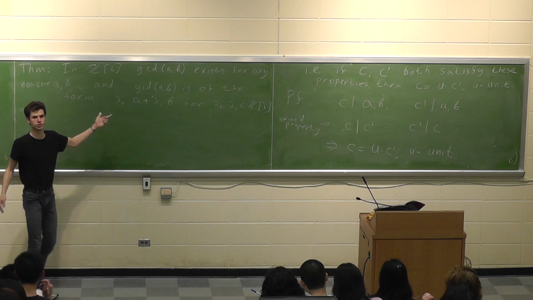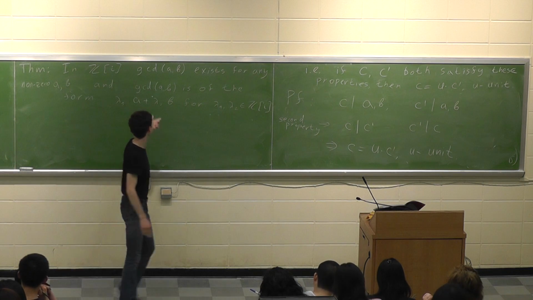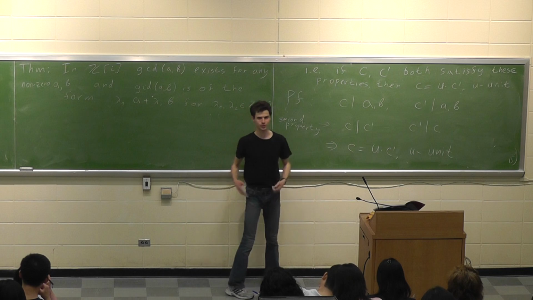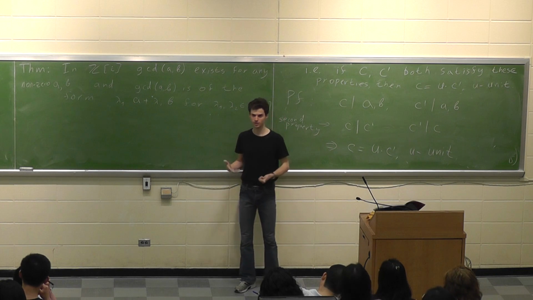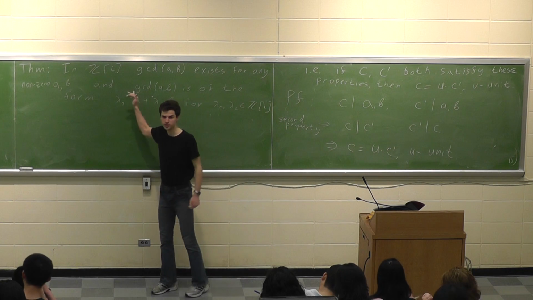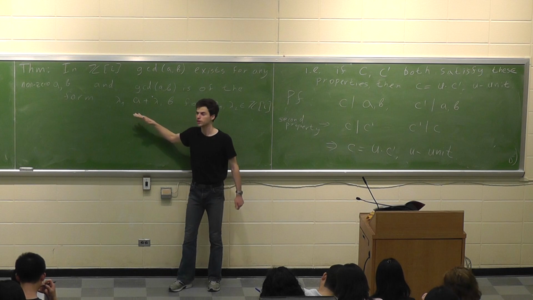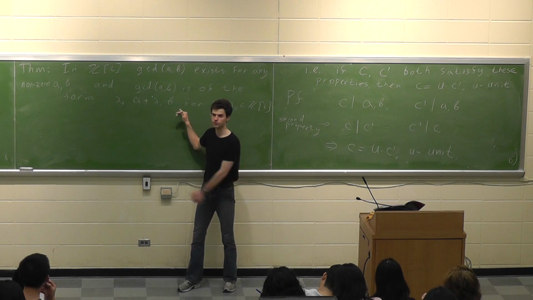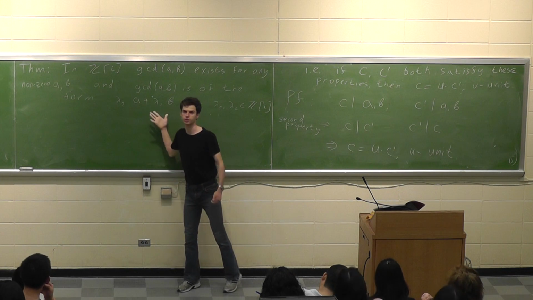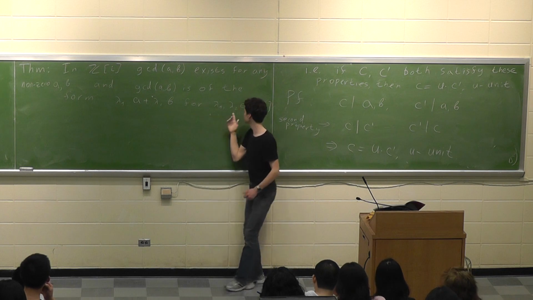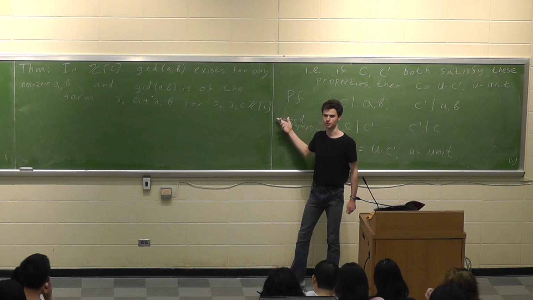So just like in usual integers, we can first of all talk about what a GCD is, and we can write this number, the greatest common divisor, as a linear combination of the original numbers with integer coefficients. And this time with Gaussian integer coefficients.